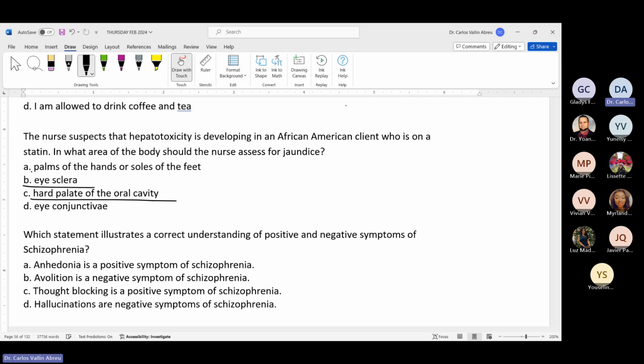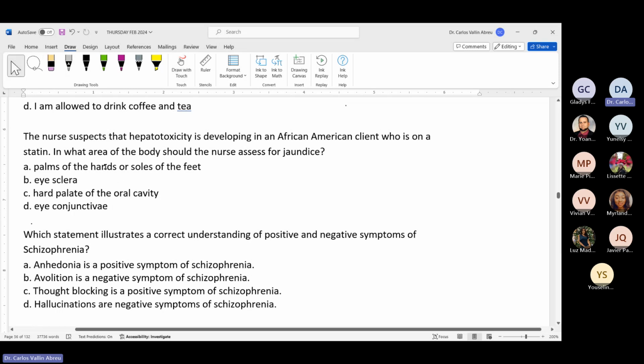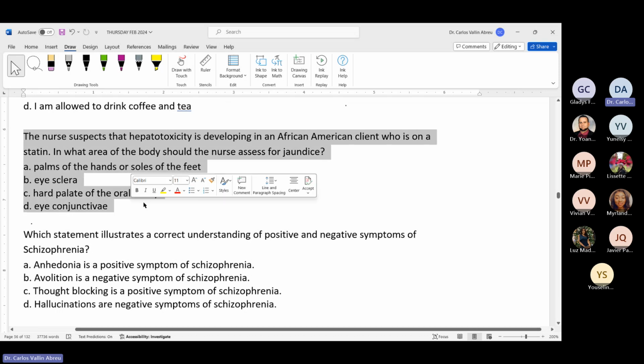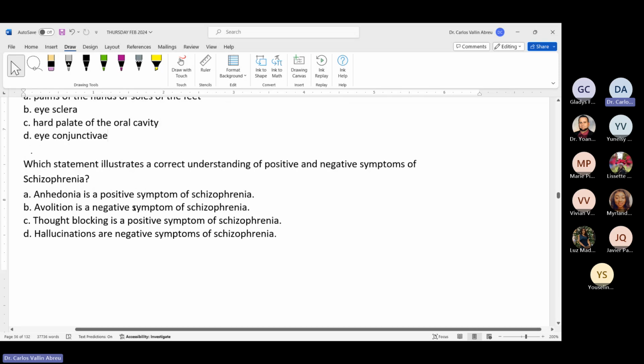The sclera, palms, and soles and the conjunctiva can have pigmentation that makes it difficult to evaluate paleness, cyanosis, and jaundice. But the oral mucosa is the best site to evaluate those changes in coloration that are important for diagnosis. This is a classical assessment question that we all know.